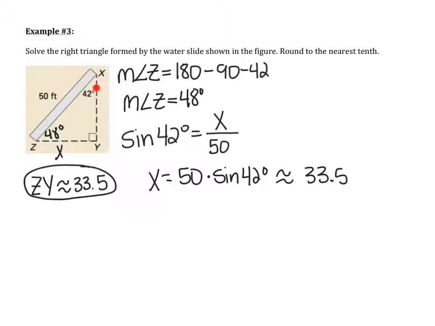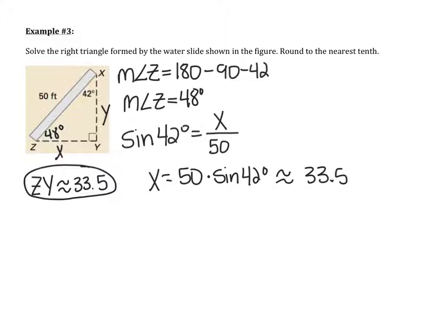Next, we need to find XY. Just for clarity's sake, let's call that Y. Notice this time, again, we're only going off the things we were given. We were given the 42 degrees and the 50-foot hypotenuse. The Y value, or XY over here, is adjacent to the 42 degrees, and again we were given the hypotenuse. Adjacent over hypotenuse is cosine.